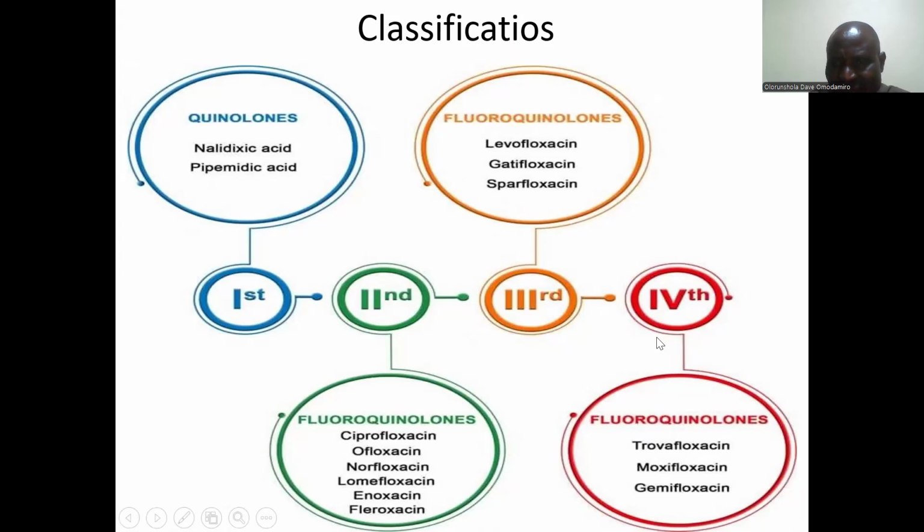Then the fourth generation fluoroquinolones are trovafloxacin, moxifloxacin, and gemifloxacin. So these are the classifications: first generation, second generation, third generation, and the fourth generation.